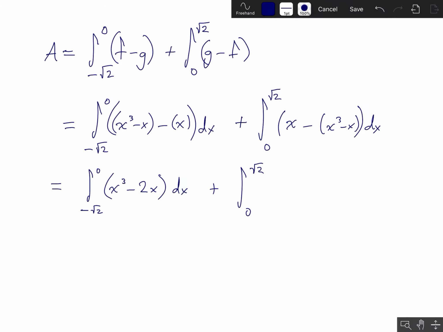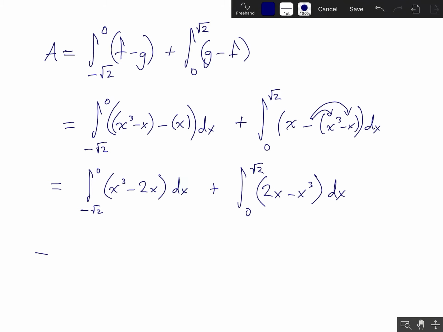For the second integral, we have an x minus an x cubed minus another x, except that this minus sign out front needs to distribute. So if we distribute that minus sign, then that second x would be positive as well. So we would get a 2x minus an x cubed if we simplify the inside of that second set of parentheses.